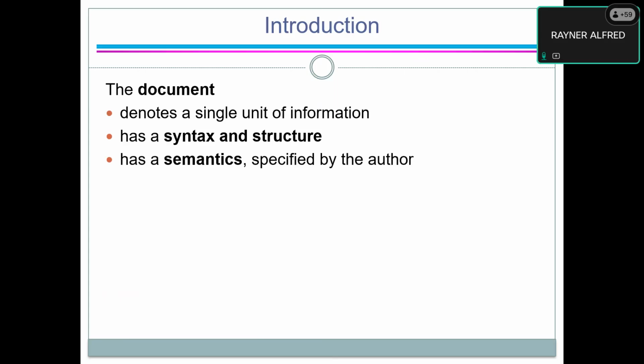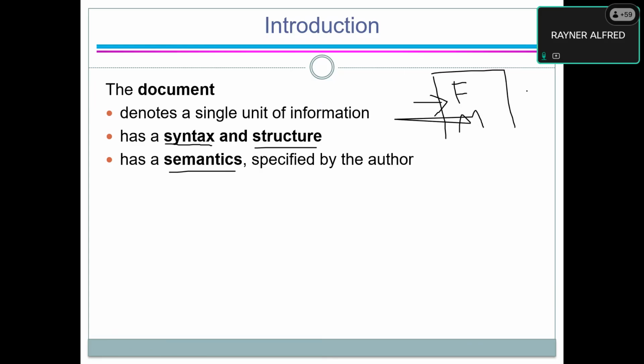We also have semantics. Okay. Just now I said this is meaning. Basically, this is the grammar, the syntax and structure. So semantics refers to the meaning. So in the document, we must have the format on how we represent the document, and also we must know what the meaning is, right?